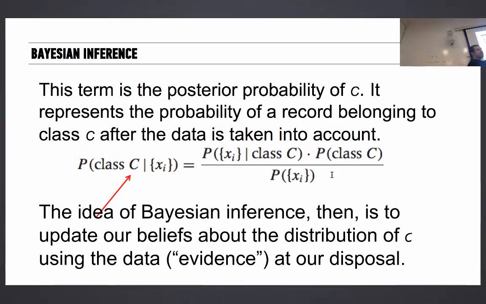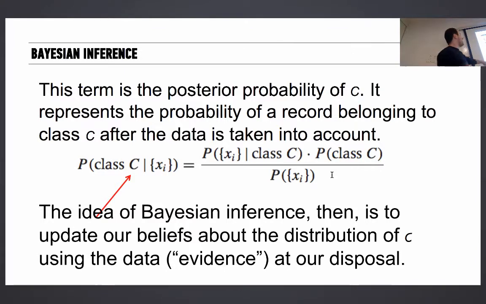This probability, the thing we're trying to get, is called the posterior. The posterior probability represents the probability of a data point or a record belonging to class C given that we observe this data. That's exactly machine learning as a probability question using Bayes' theorem.